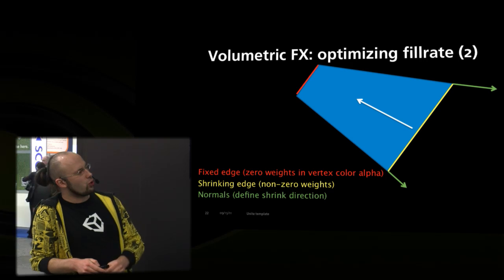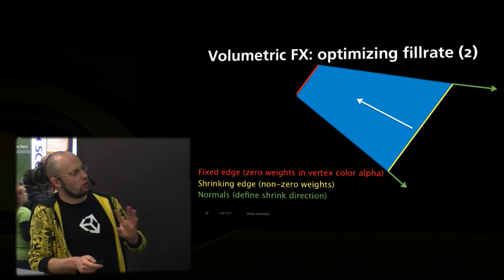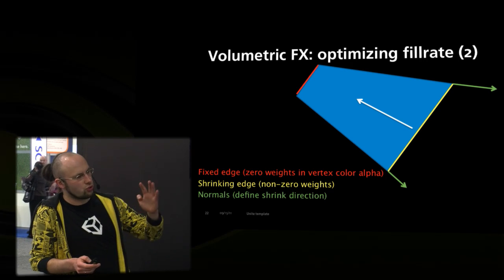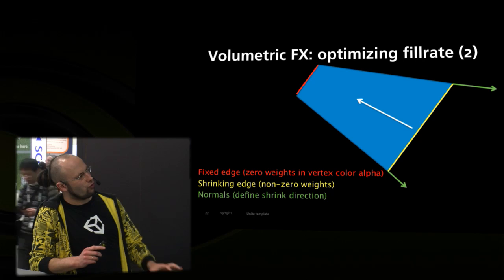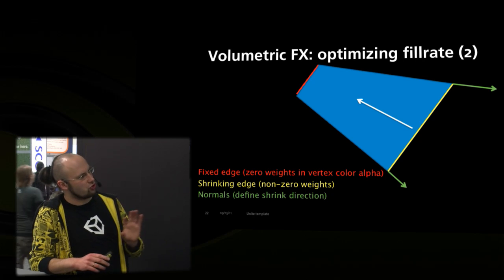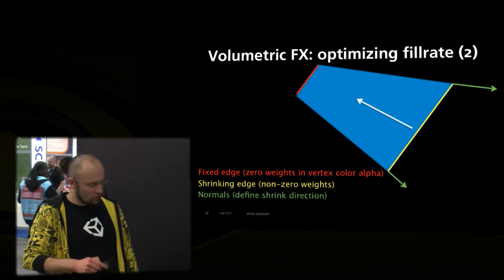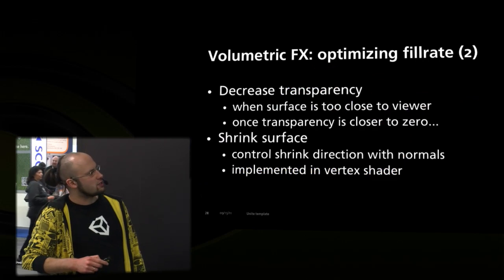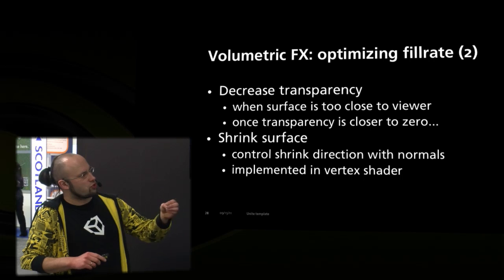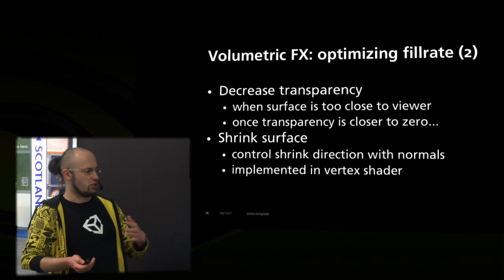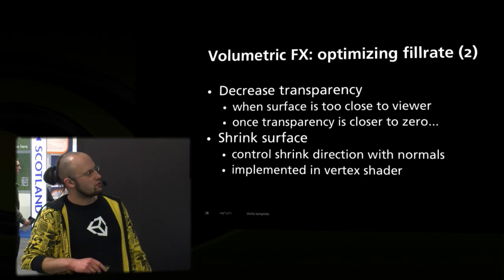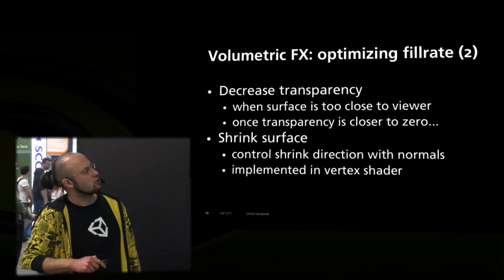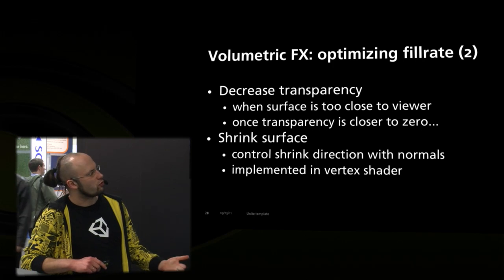That is a very good way to control the amount of overdraw. Basically, the closer you get to this volumetric geometry, the smaller it gets, covering less and less screen. At the same time, you decrease transparency. So visually it's barely noticeable, but it gives very good performance improvement.